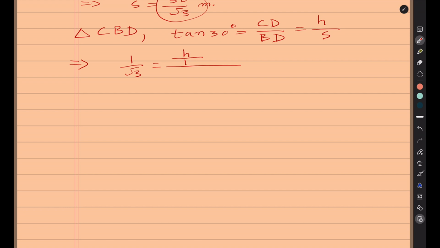H is expressed in the form of a fraction, H divided by 1. We can write any whole number in terms of a fraction. For example, 3 is equal to 3 divided by 1. So this is what we have used here. So H divided by 1 divided by S, and S is 50 divided by root 3.